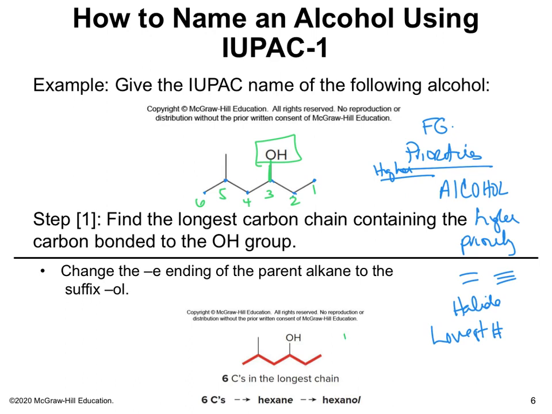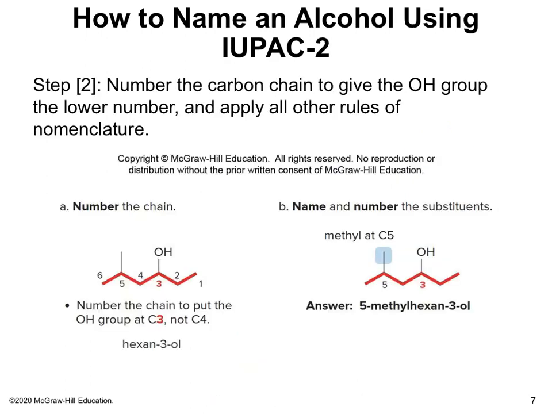So 6 is hexane, but it's going to be hexan-3-ol, and then you have the substituent, which will be 5-methyl. And so this is where the alcohol gets the lower numbering because it has a higher priority.